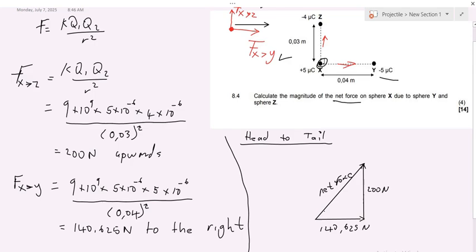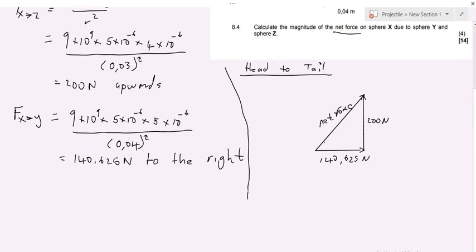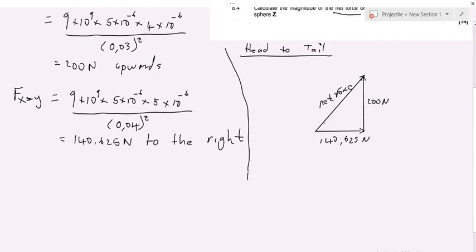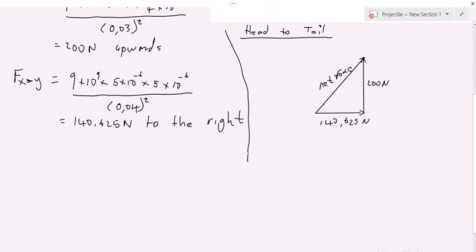So now we need to calculate the net force, because that is what the question asks. To calculate the net force, it's simple, ladies and gentlemen. You know mathematics. You've been dealing with right-angled triangles. If you look closely, you will see that this is a right-angled triangle, so you know what to do.